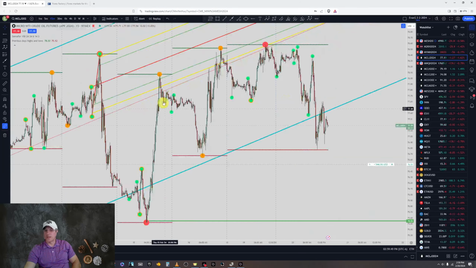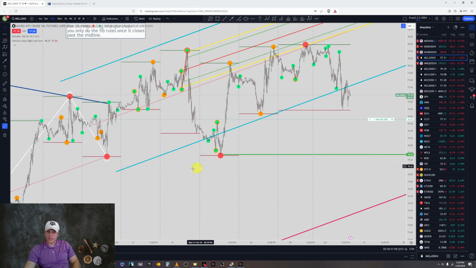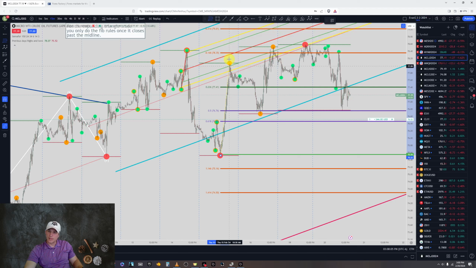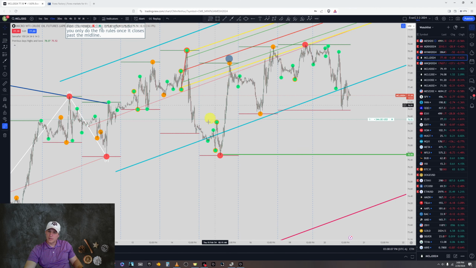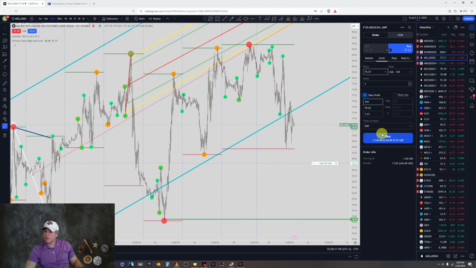But if we do get the move all the way down here first, where it goes down to the mid 75s, then I'll be looking to, let's see here, what would that be if we're using that? Nah, let's go ahead and do that. I would look to go down and get in there if that happens.